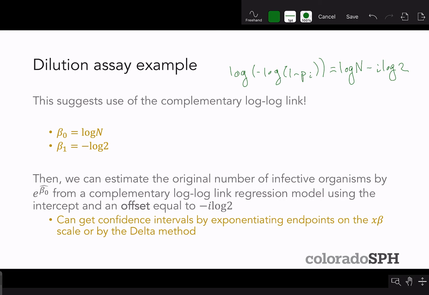So this suggests a complementary log link where your beta 0 is your log n, the log of your original number of organisms, and beta 1 is negative log 2.